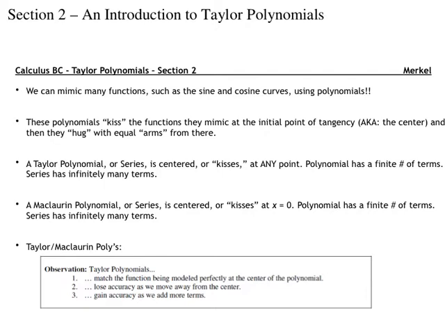Okay, so what Ben talks about in this chapter is that, and it's kind of mind-blowing, but we can mimic many functions, such as sine and cosine curves, using polynomials, which is completely insane.